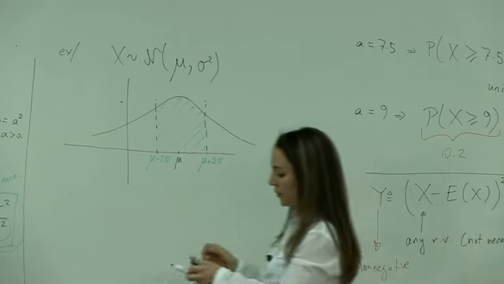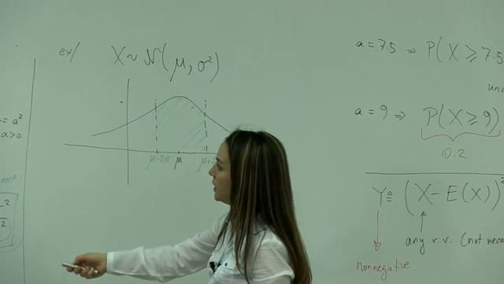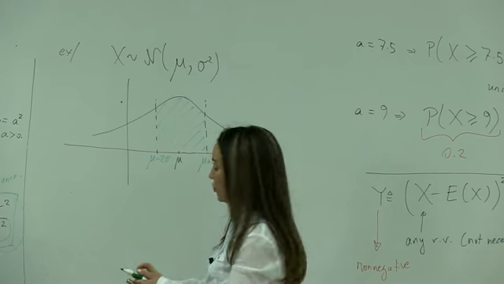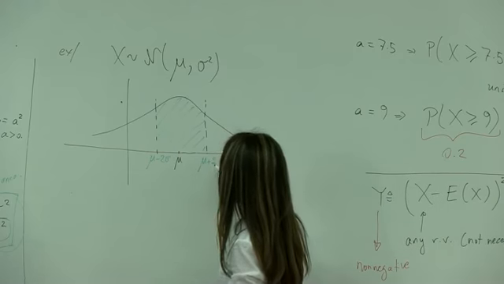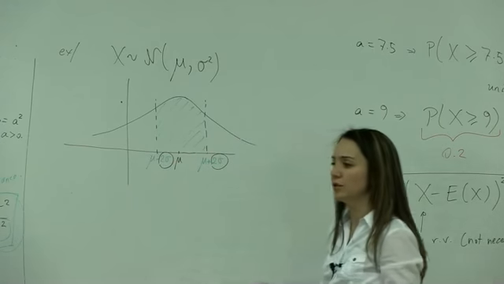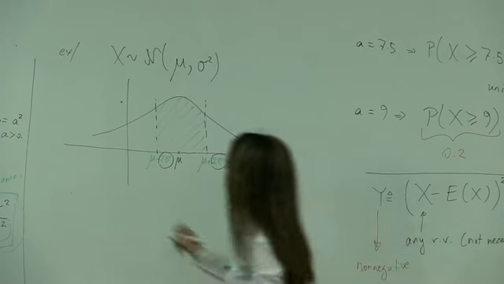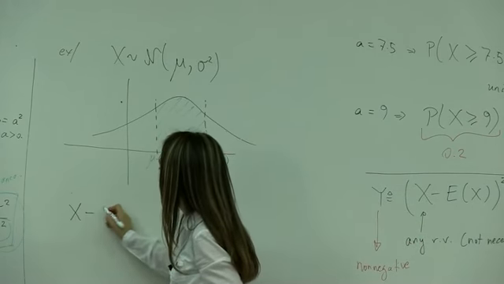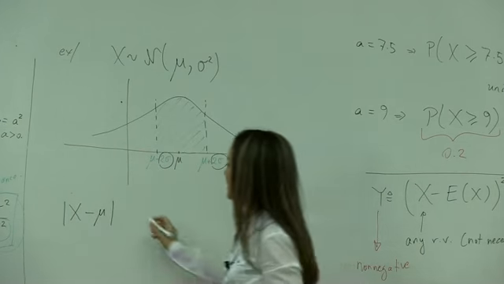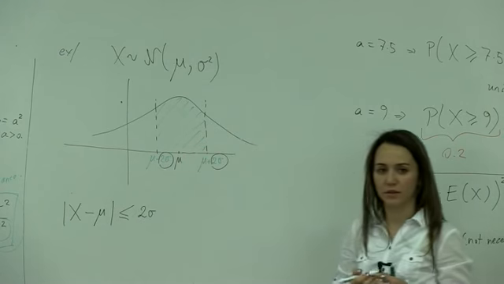Okay, let me read the problem statement once again. The probability that it is within 2 standard deviations of its mean. So 2 standard deviations is 2 sigma. Within 2 standard deviations away from its mean means the absolute value of x minus mu is less than or equal to 2 standard deviations.